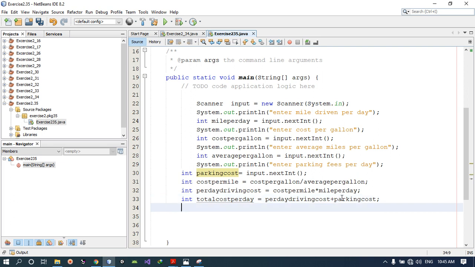Let's print it. Your daily cost of driving plus total cost per day. So it is finished. Let's check the output.